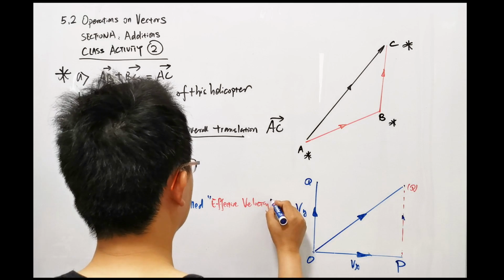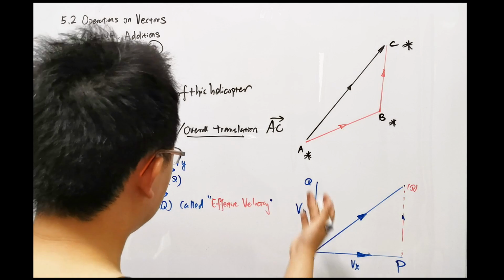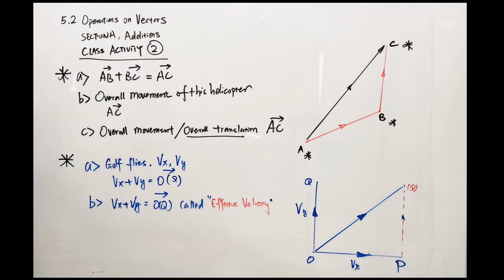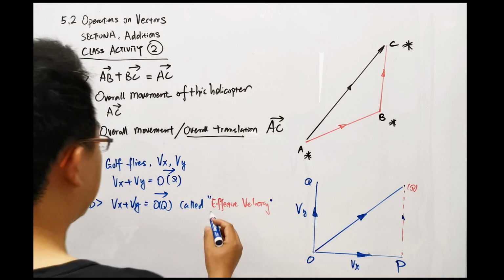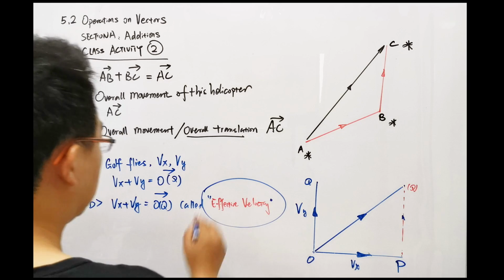We call it the effective velocity. You can call it the sum of these two velocities, or the resultant of these two velocities. Basically, we give the name effective velocity.